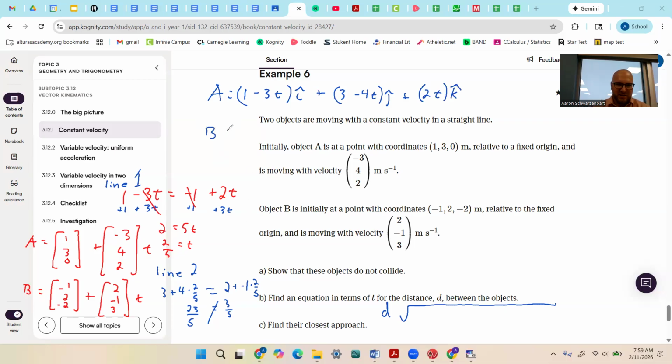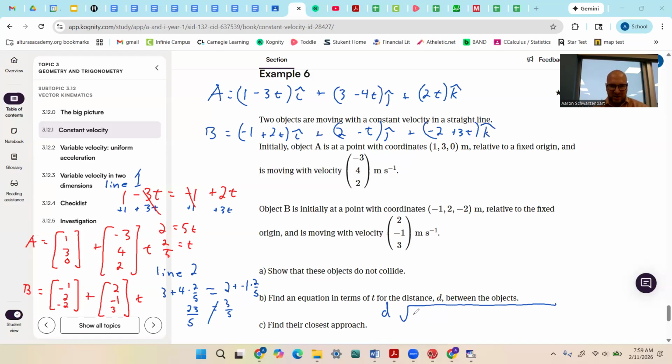And B, -1 plus 2t i hat plus 2 minus t j hat plus -2 plus 3t k hat.